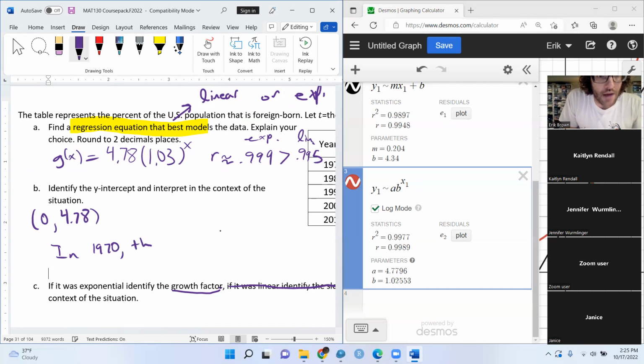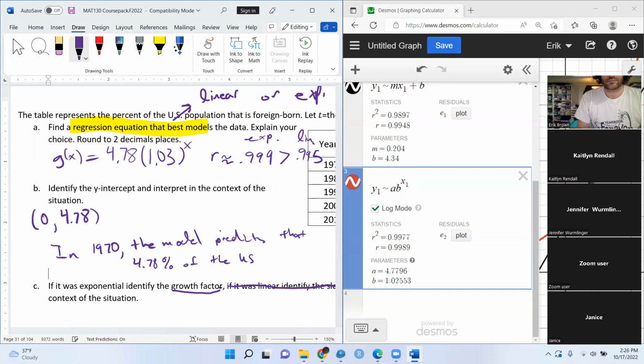We could say the model predicts that 4.78% of the US population is foreign born.